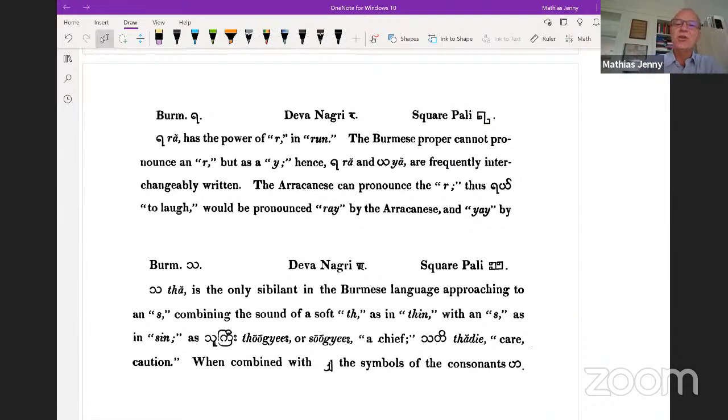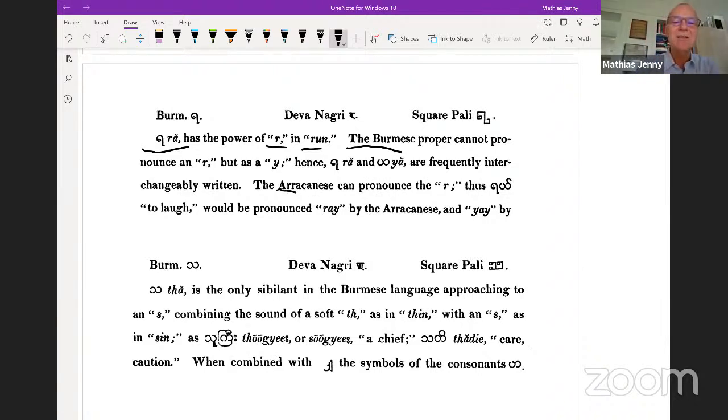Other changes were not complete yet. Ra, or yagao, has the sound of ra in run. And interestingly, the author says, the Burmese proper cannot pronounce an R, but they pronounce it as ya. So the author here says that this sound should be ra, but the Burmese cannot pronounce it correctly, so they change it to ya.